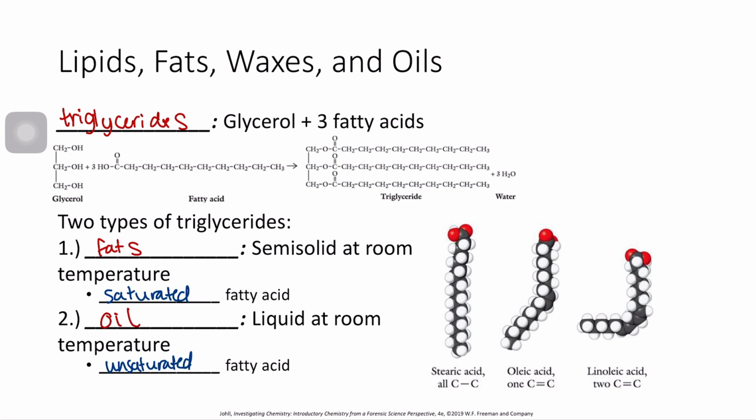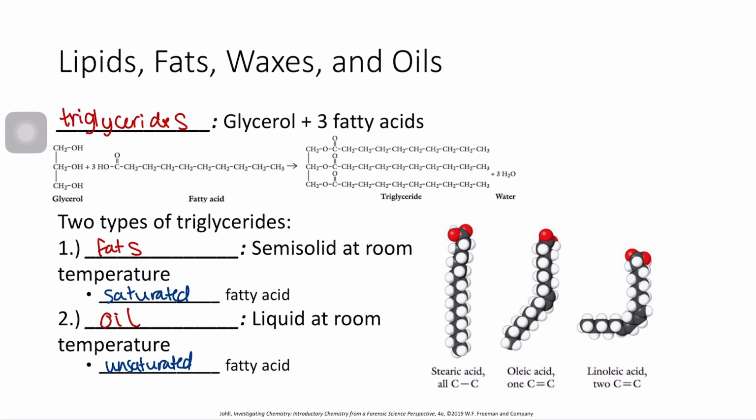And in doing so, you can get a solid fat that is not from an animal. Generally, fats are going to be sourced from animals, whereas oils are generally going to be sourced from plants.